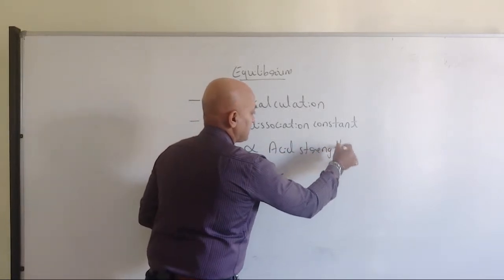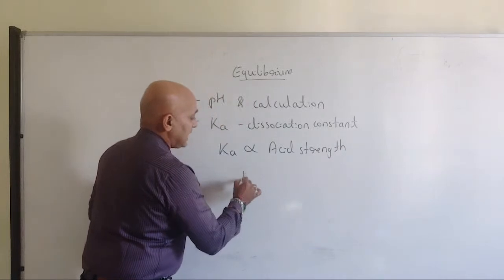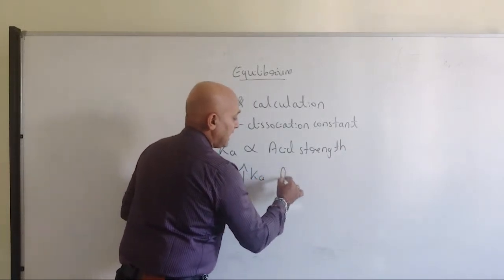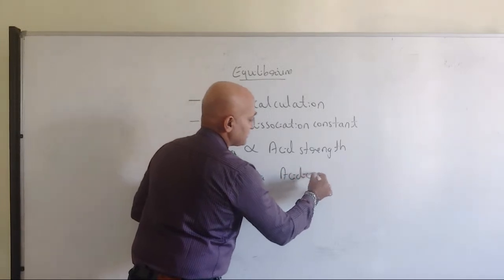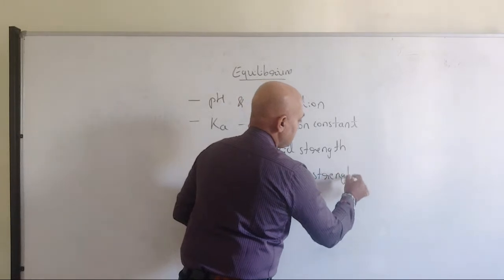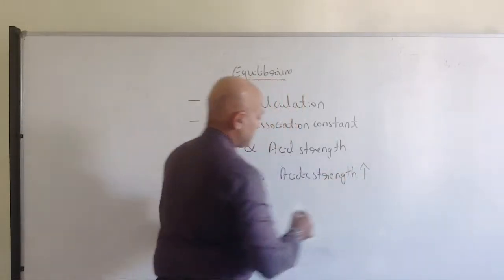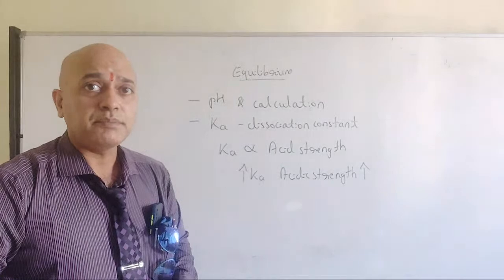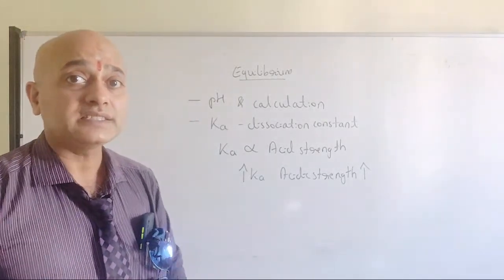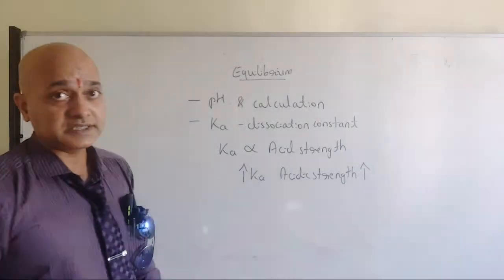What I mean is, as the value of Ka increases, the acidic strength, or strongness, of the acid will also increase.